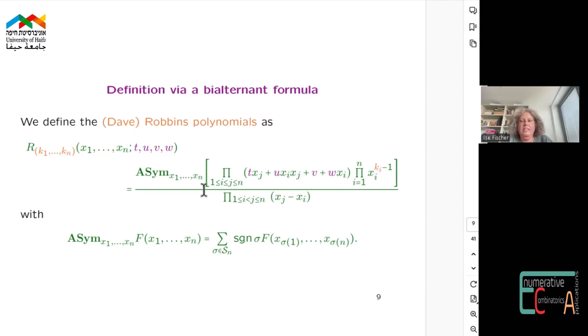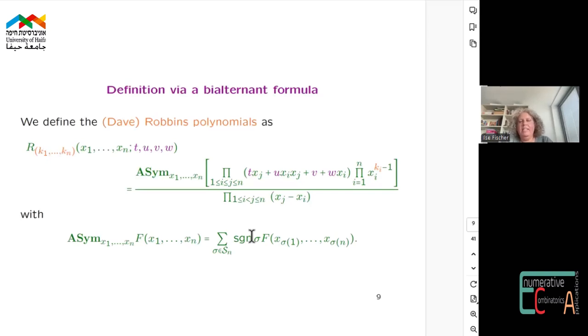Then I take the antisymmetrizer of this polynomial, which simply means that I sum over all permutations of n elements: I permute the variables corresponding to the permutation and multiply by a sign. So this makes my function into an antisymmetric function in the x_i.